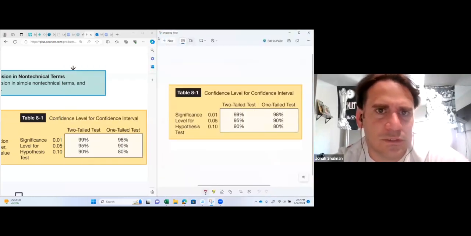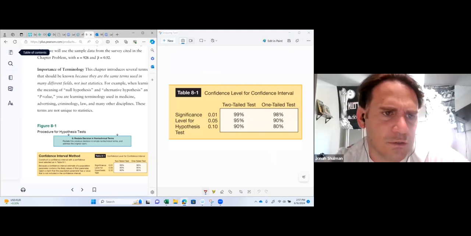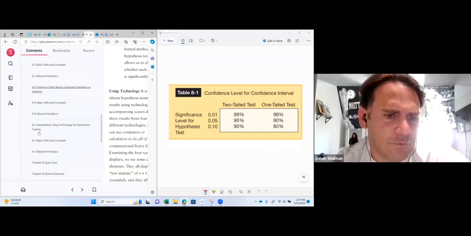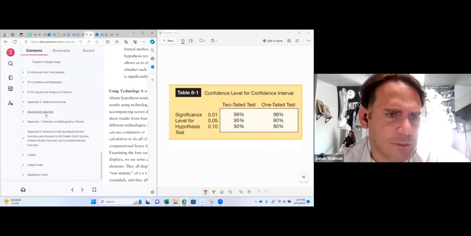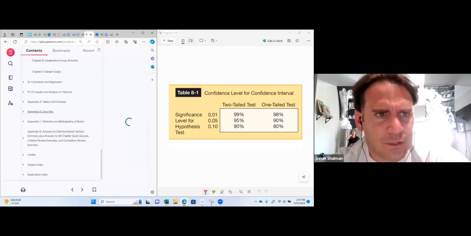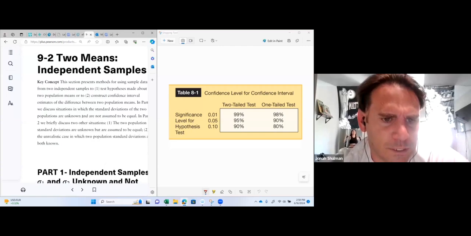So let's see this thing done by hand and see where they get the weird t value. Obviously, I finally got it, so that makes me happy. Here is 9.2. And let's see them do this by hand.